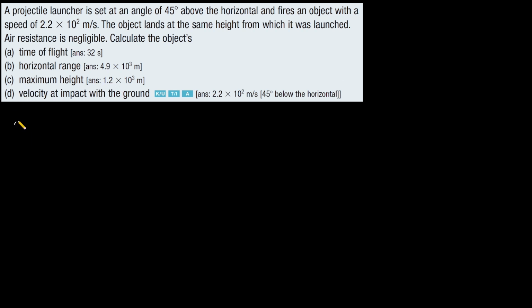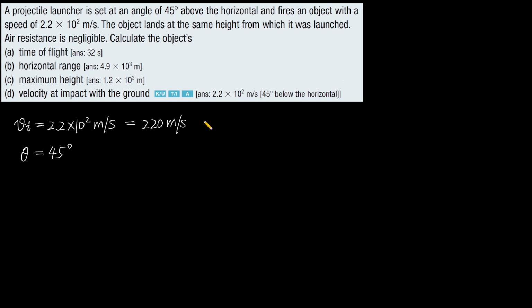Its initial velocity is 2.2 multiplied by 10 to the power of 2 meters per second, and this is 220 meters per second. And the angle between the direction of the initial velocity and the horizontal line is 45 degrees. So theta equals 45 degrees.